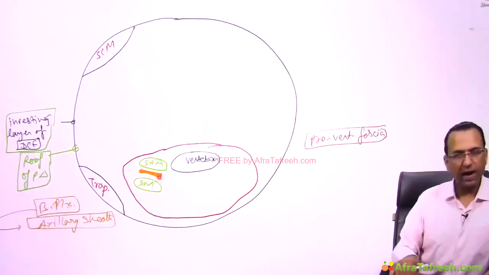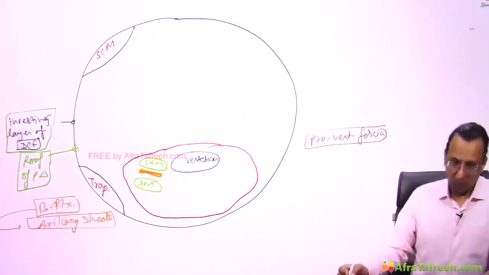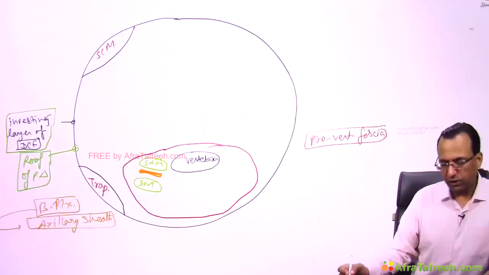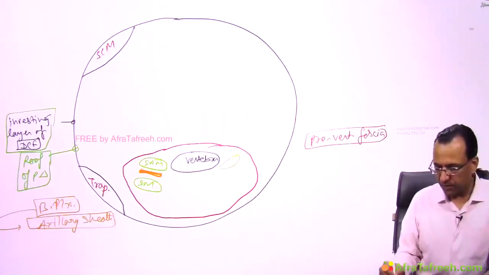But axillary vein will be outside the axillary sheath. This you remember. What are the other details? If you want to discuss the other details, you can draw the scalenus anterior muscle here and medius there. So scalenus anterior and scalenus medius on the other side.